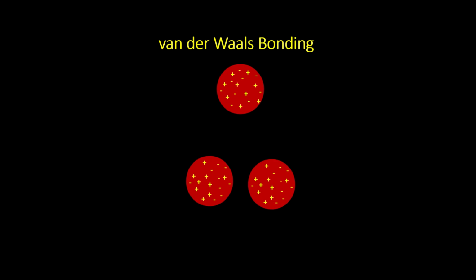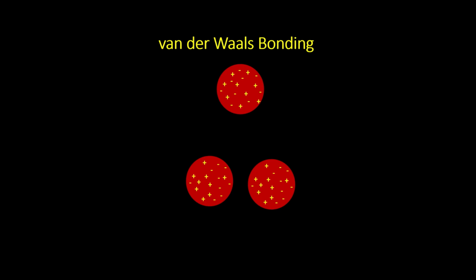Even if a molecule is completely nonpolar in nature, at any point of time, one part of the molecule may contain more electrons than the other part. This means, at least momentarily, every molecule may behave as though it is polar.